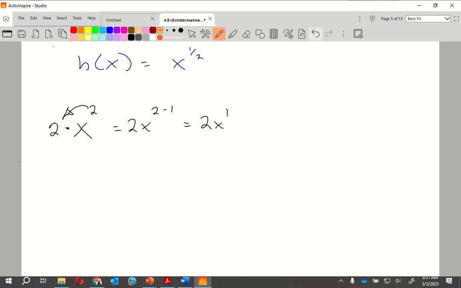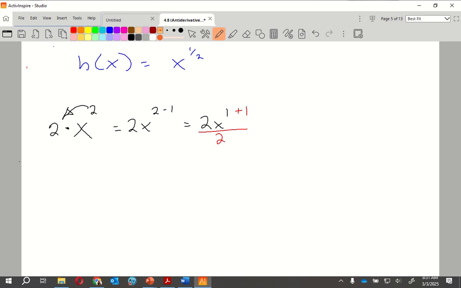So now I'm going to take the antiderivative of that. So I'm going to start by adding 1, and then 1 plus 1 is 2, divided by 2, right there.